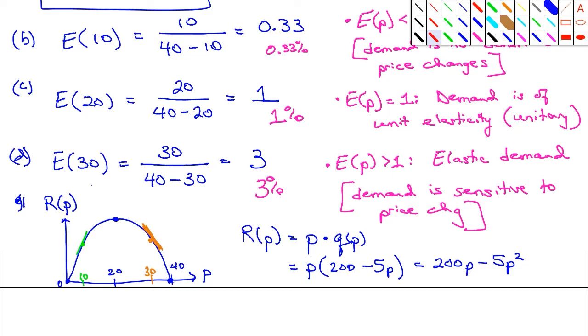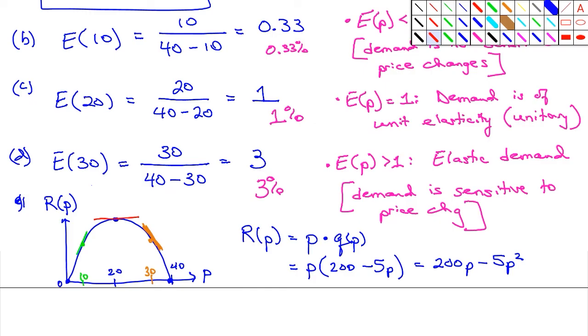And finally, in the middle one, at 20, that was when we had unitary elasticity, or unit elasticity of demand. That represented the maximum revenue. And so when you get to unitary elasticity, then your revenue is at its maximum.